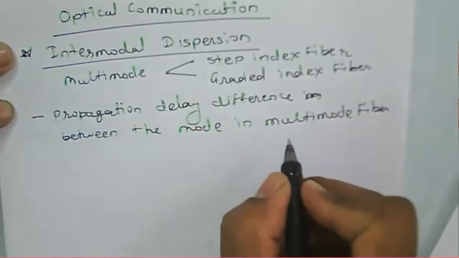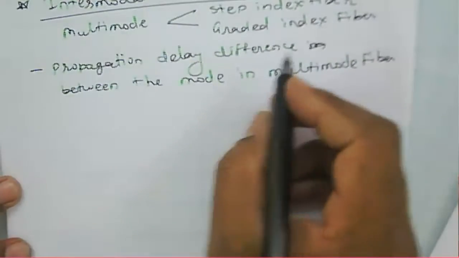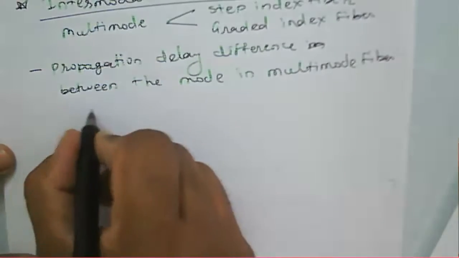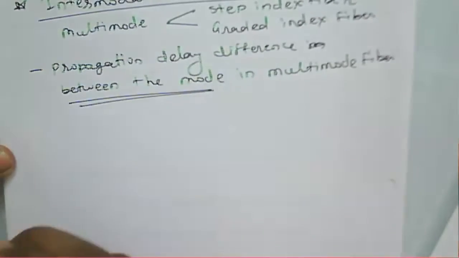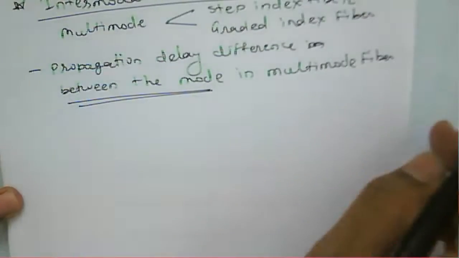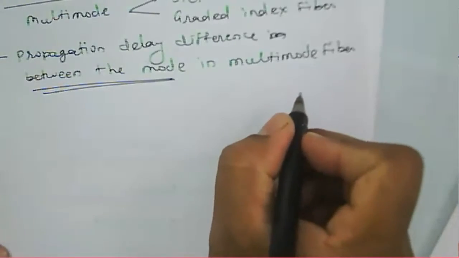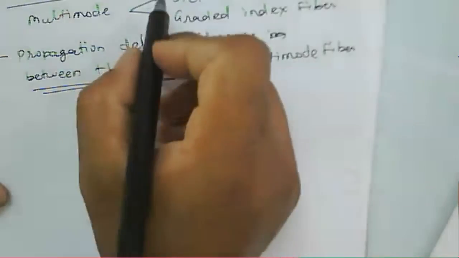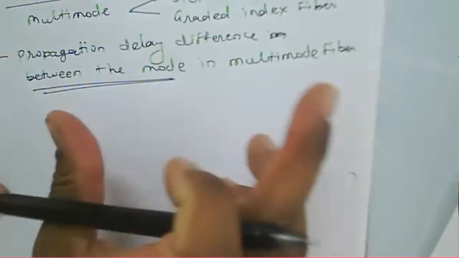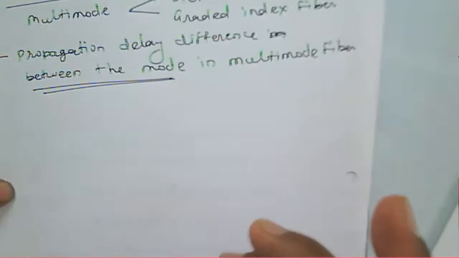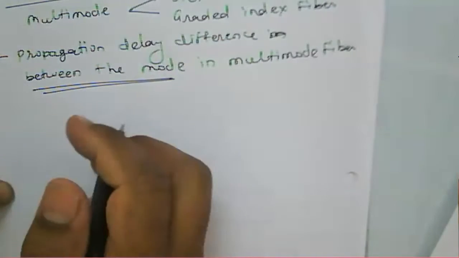Now the definition itself is saying that there is a propagation delay difference between the modes, that is, a difference between the modes in the multimode fiber. So that's why there will be dispersion. So there is no such dispersion if we are using a single mode fiber.